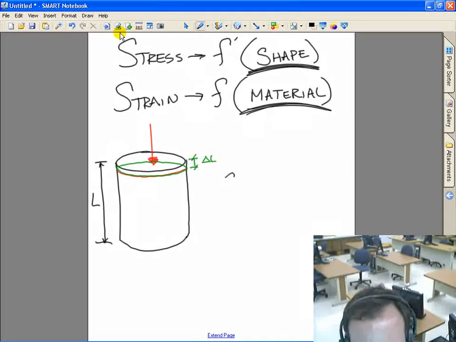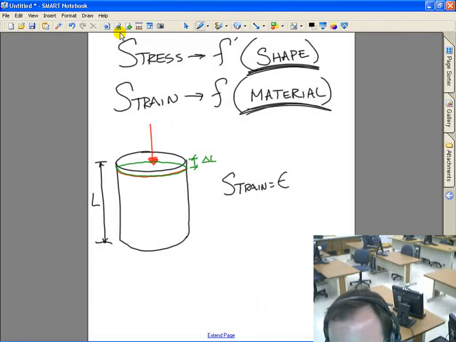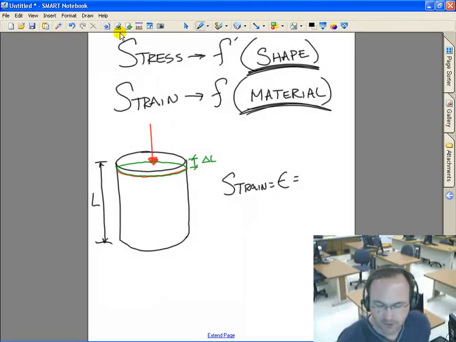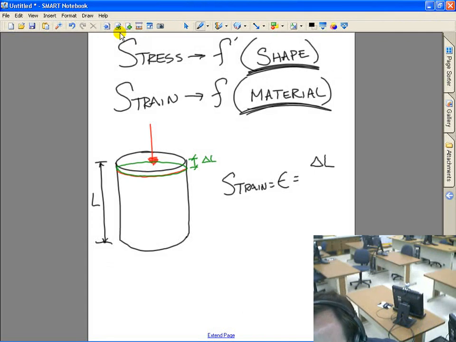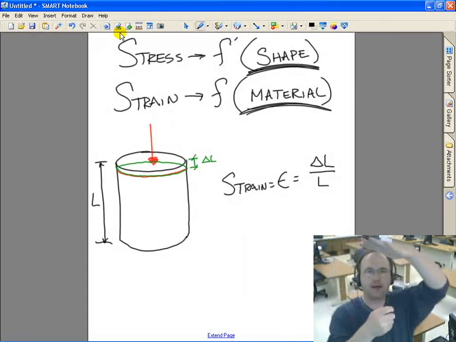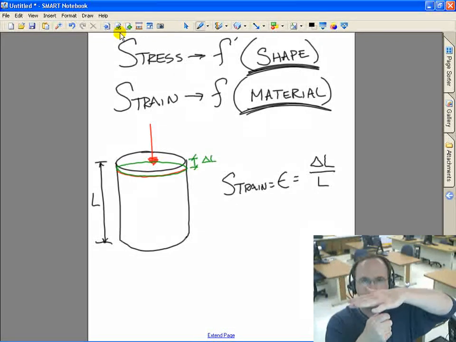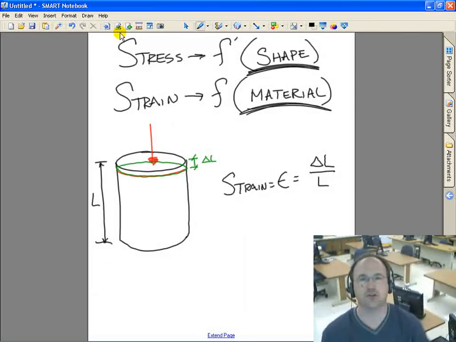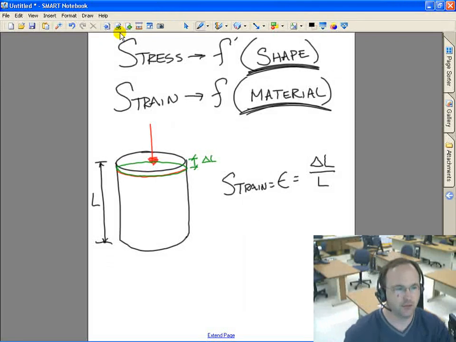Our strain, which is the symbol of that, is equal to delta L over L. So our strain is the effect of how much it goes down divided by how much it originally was in terms of length.